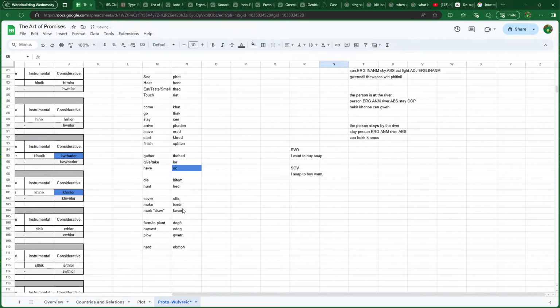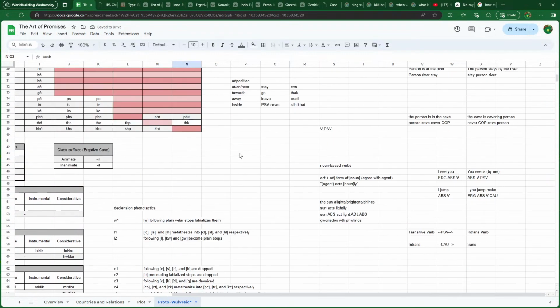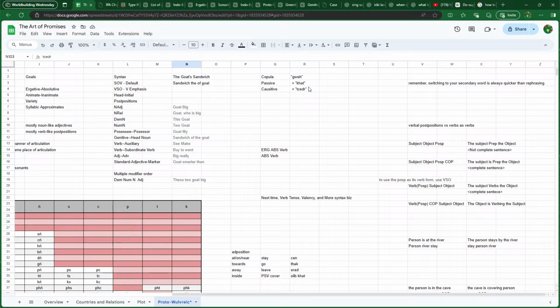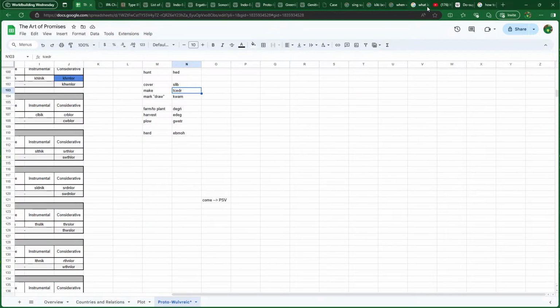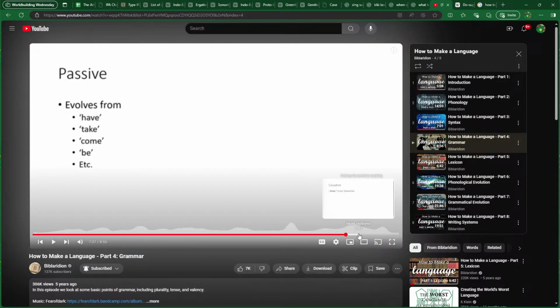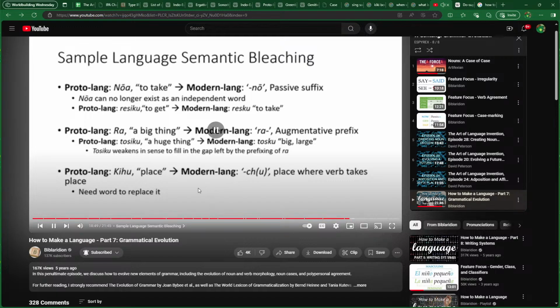Which of course then we will need to come up with something else to fill that spot. Right? Status is an, so it needs a word to replace it.